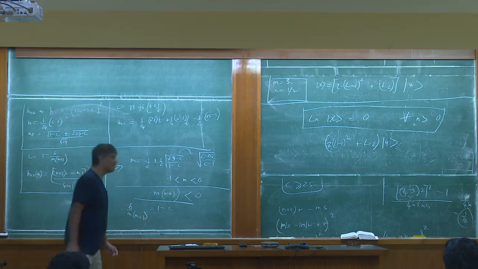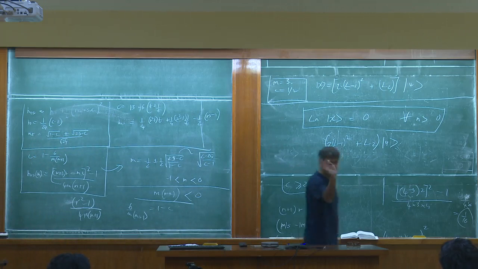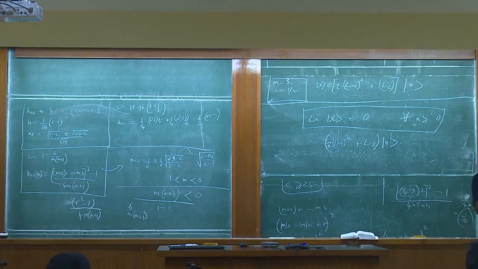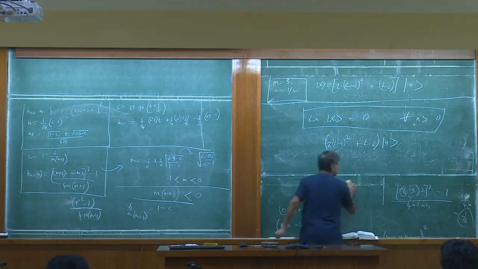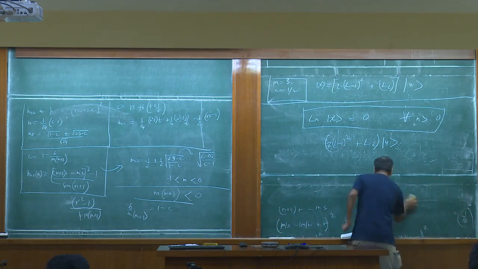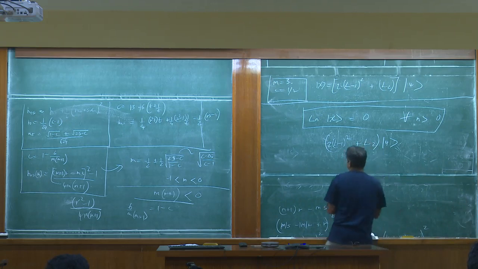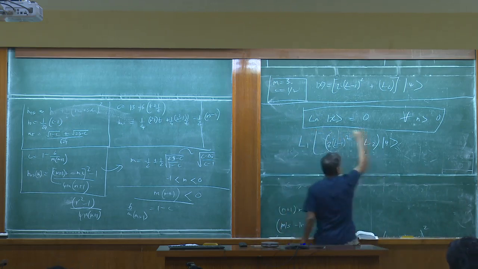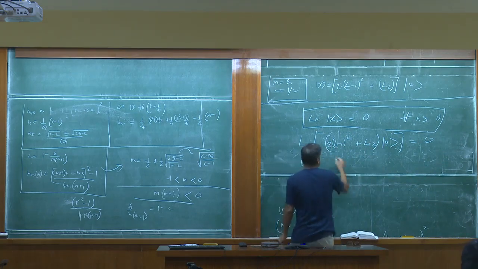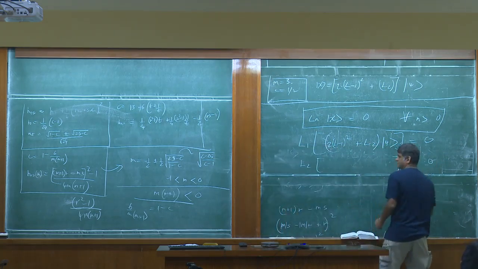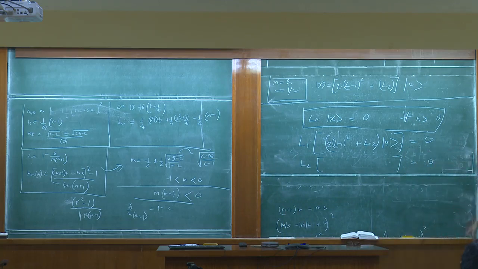In fact, if something is annihilated by L1 and L2, it's annihilated by every positive L, because you can make L3 by commuting L1 with L2 and so on. So the condition we want to impose on this state is that L1 on this is equal to 0 and L2 on this is equal to 0. Let's do this algebra before ending this class.